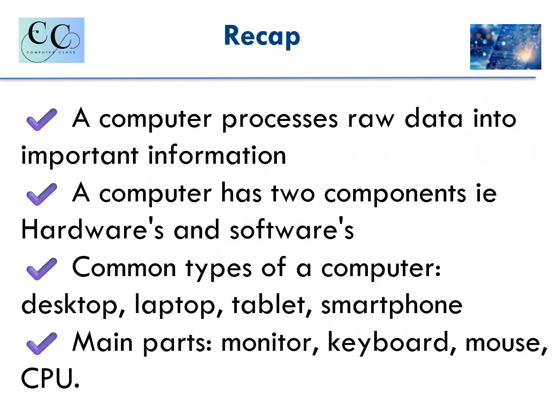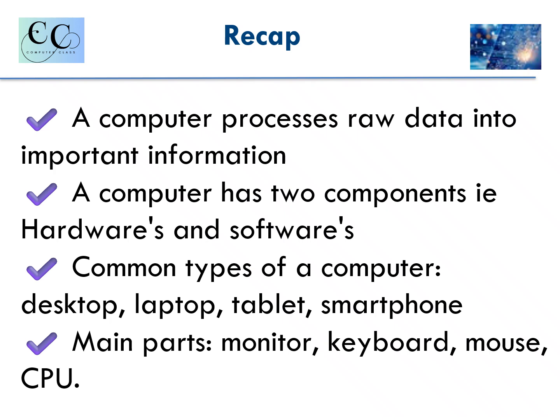To recap on what we have done. A computer processes raw data into important information, and this is done once you key in information from your keyboard to your computer, the CPU processes that data into important information. That is what we call information from raw data to important information. Then a computer has two components, that is the hardware and the software.